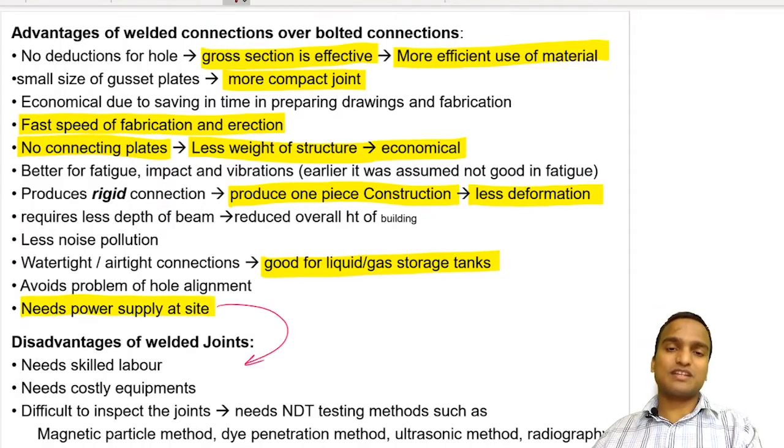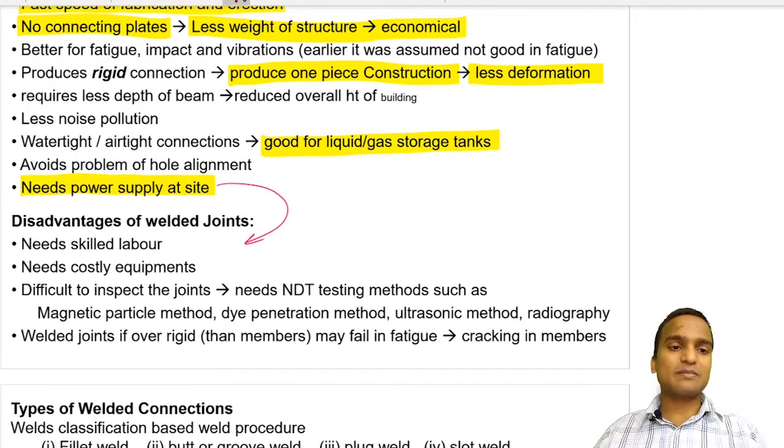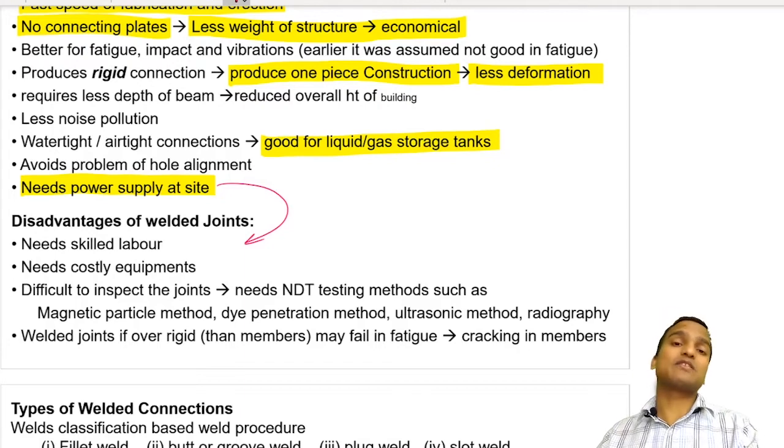So there are a few disadvantages of welded joints. The first one is the need of power supply, the second one is the need of skilled labor. In welded connection we require costly equipment, because the welding machine itself is very costly and electrodes are also costly.